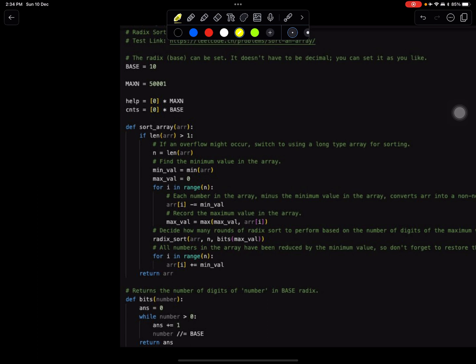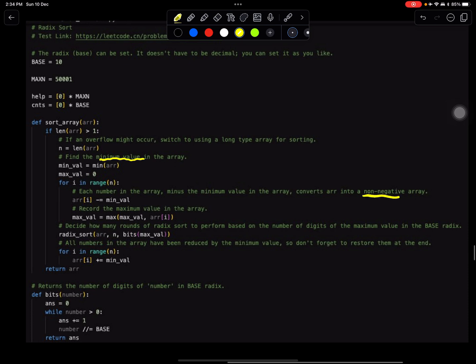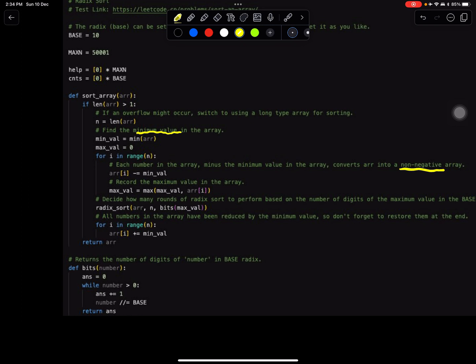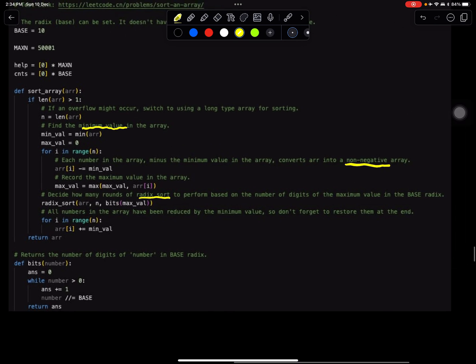Find the minimum number in the array, then for each number in the array, subtract the minimum number, converting the array to non-negative numbers. Record the maximum value in the array. Decide how many rounds of radix sort to perform based on the number of digits of the maximum number in the base.